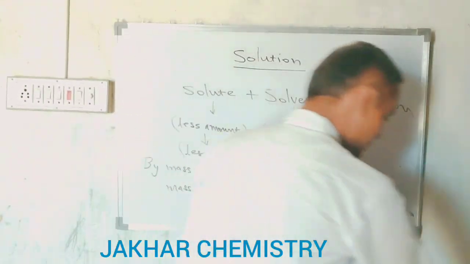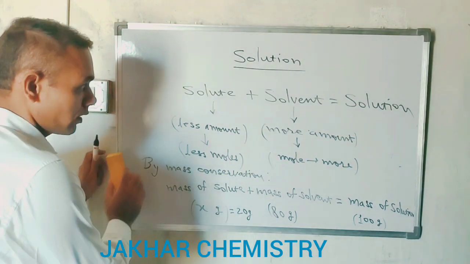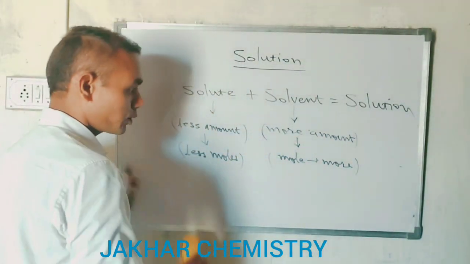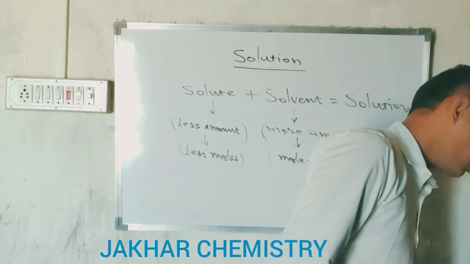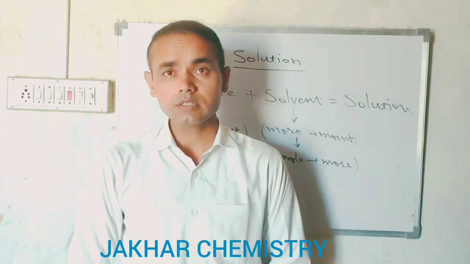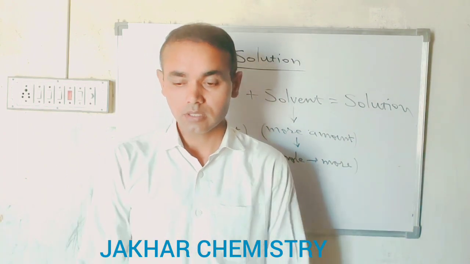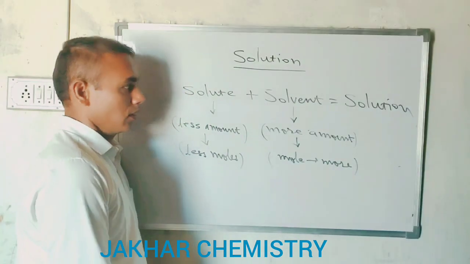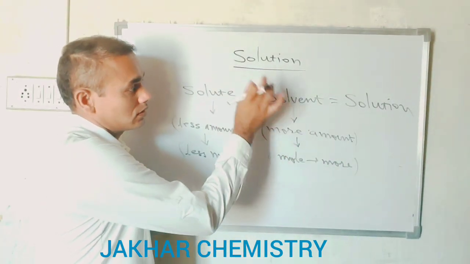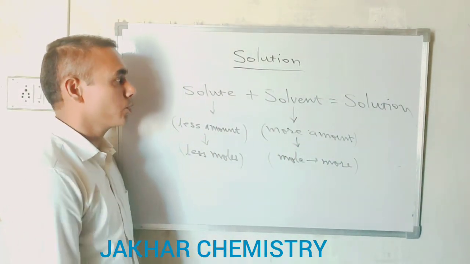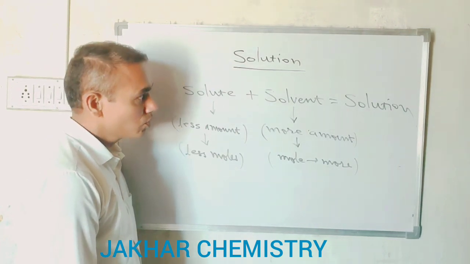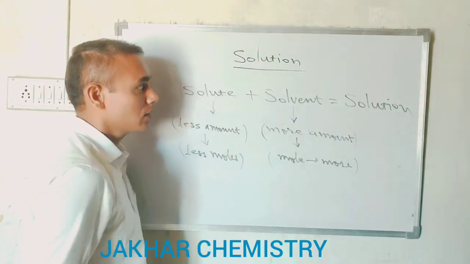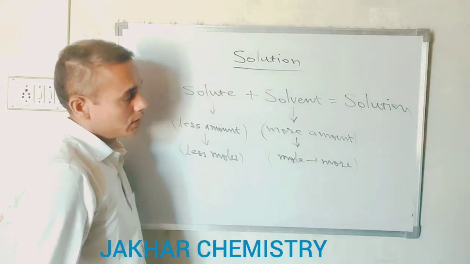This is one case. Now, properties of solution and properties of components. What is the relation between these properties and how can we determine or decide the properties of solution? Here we know that the component whose amount is more is known as solvent. So maximum properties of solutions are closer to properties of solvent.